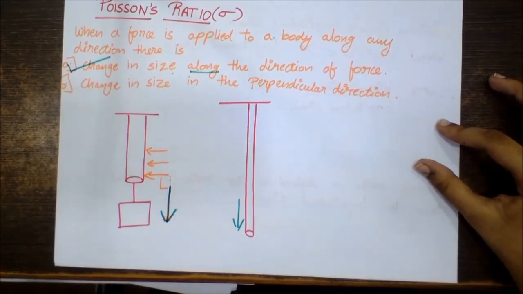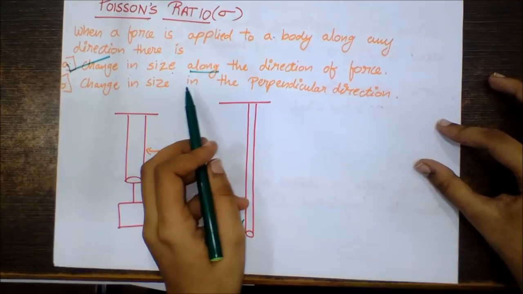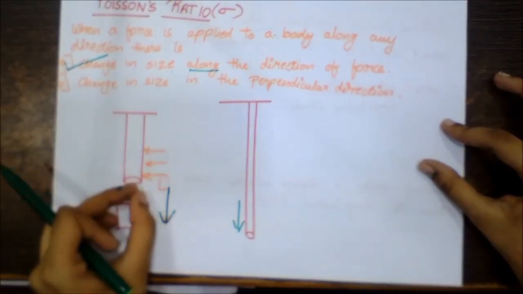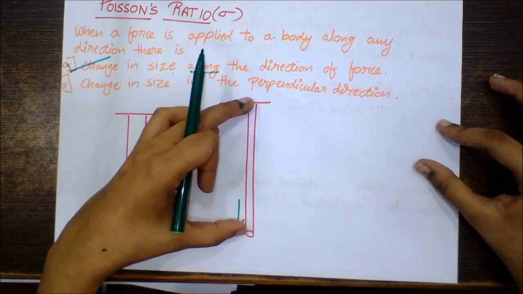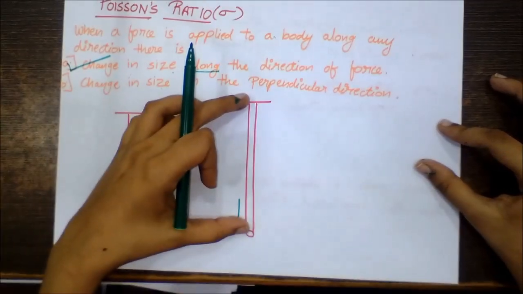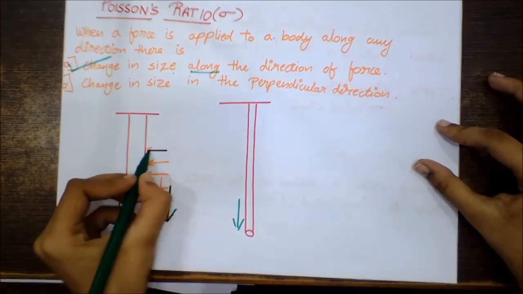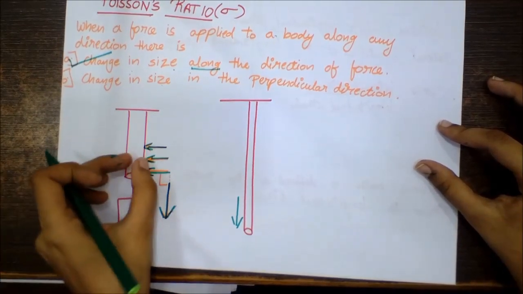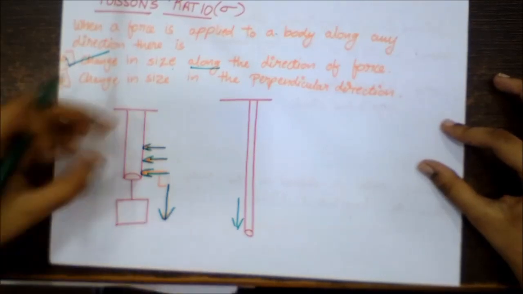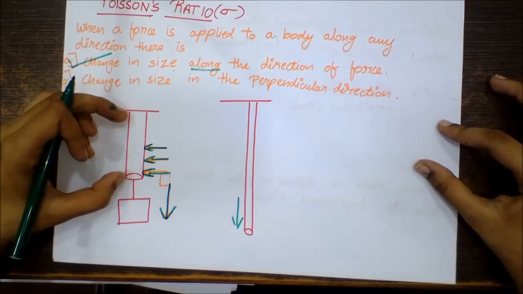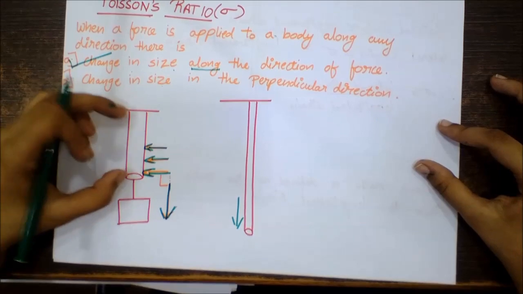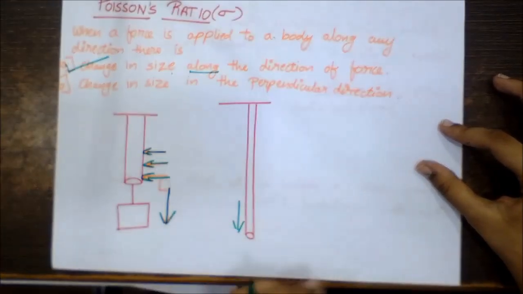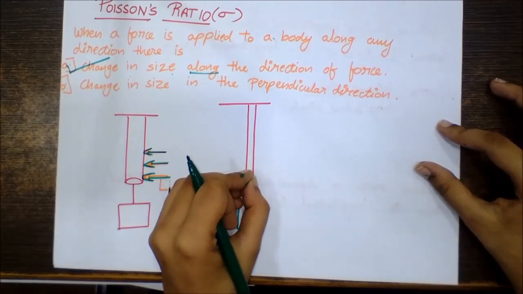Now, change in size in the perpendicular direction. The same rod is elongated, that is, the length of the rod has been increased. So due to this, these forces start acting towards it and it becomes thinner than what it is. Because if you want to make a rod of a particular size and shape, of a particular volume, longer, it will definitely get thinner because you cannot add any material to it.